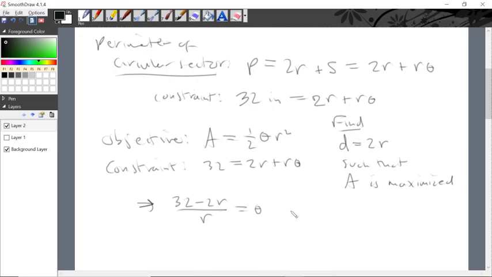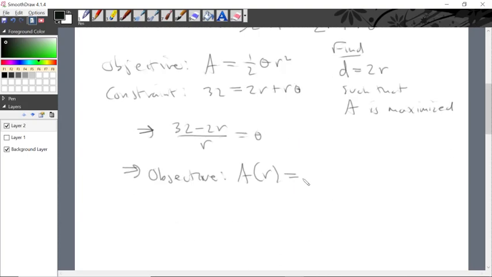Plugging that into the objective equation, reducing it to single variable form, we get A as a function of r. That would be 1/2 times theta, where theta is now 32 minus 2r over r, times r squared. There's our objective equation in terms of r. Let's clean this up.